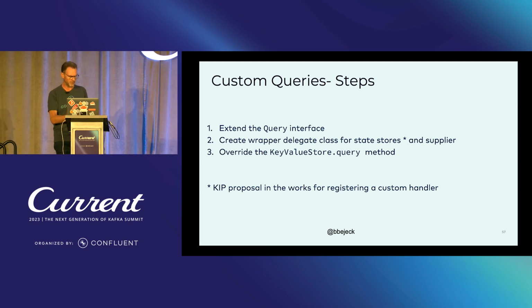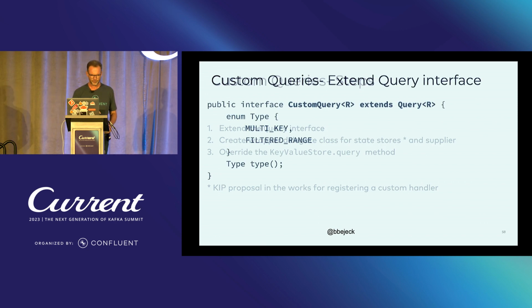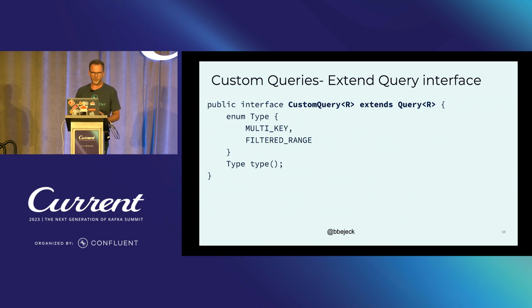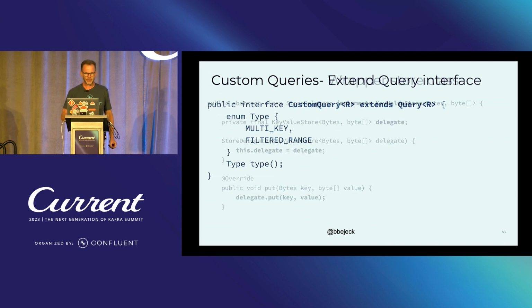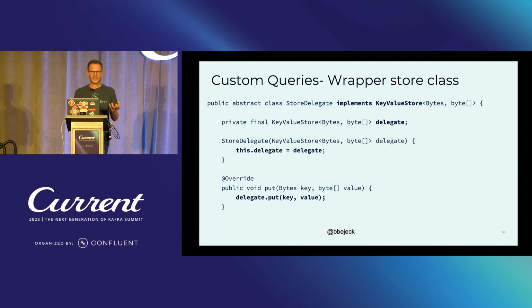You wouldn't need to go through these other steps. So the first thing we do is create a marker interface that extends the query interface. And then you create an abstract class that implements the key value store. All of the store implementations in Kafka Streams are in the internals package, so it's best not to directly extend those. So we've got this wrapper class, if you will, and then we pass in the delegate.